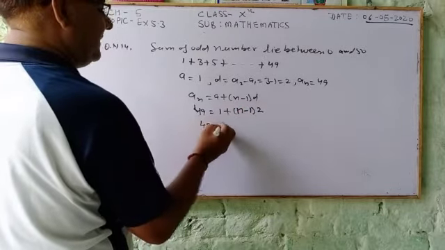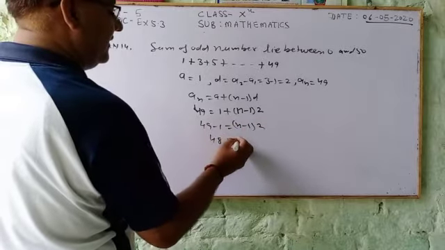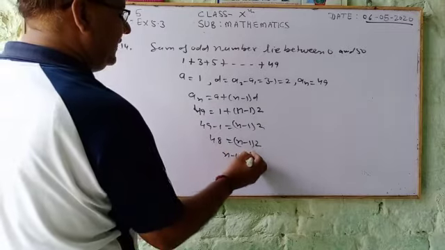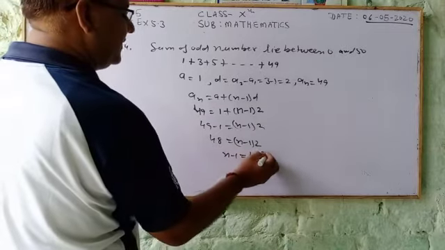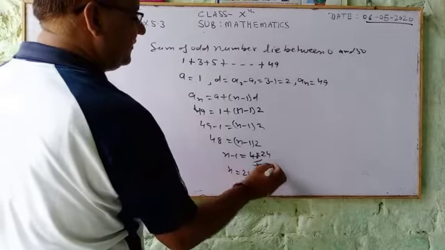So 49 minus 1 is 48, equal to n minus 1 into 2. We divide by 2, we get 48 upon 2, that is 24. n equal to 24 plus 1, that is 25.